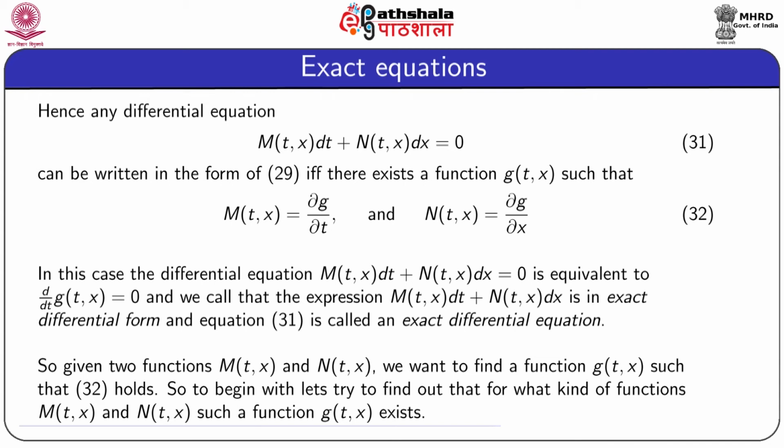Let us find out for what kind of functions M and N such a function g exists. Overall, an exact differential equation will be of the form M(t,x) dt plus N(t,x) dx equal to 0 if you can express it in the form d/dt of some function equal to 0.